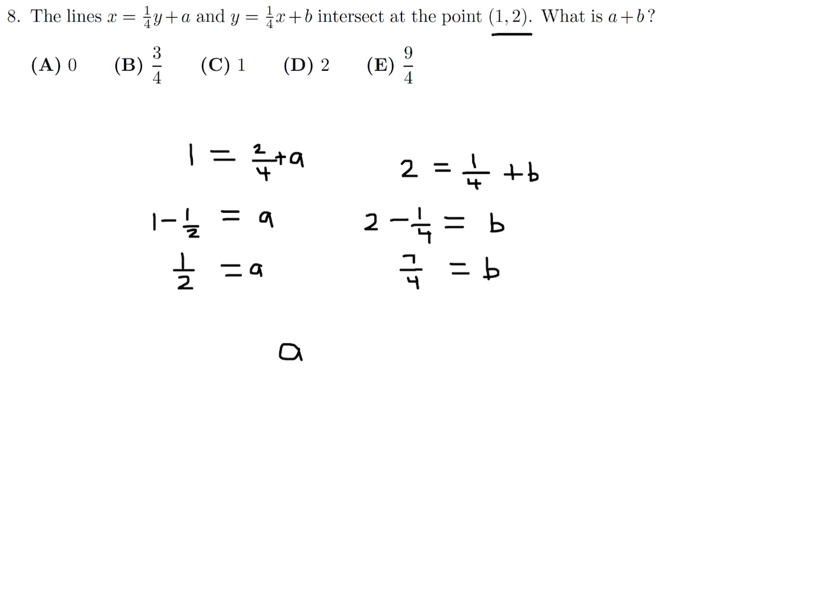And therefore a plus b is a half plus 7 over 4. And if you multiply top and bottom, add the fraction, you get 9 over 4. So number 8, the answer is E.